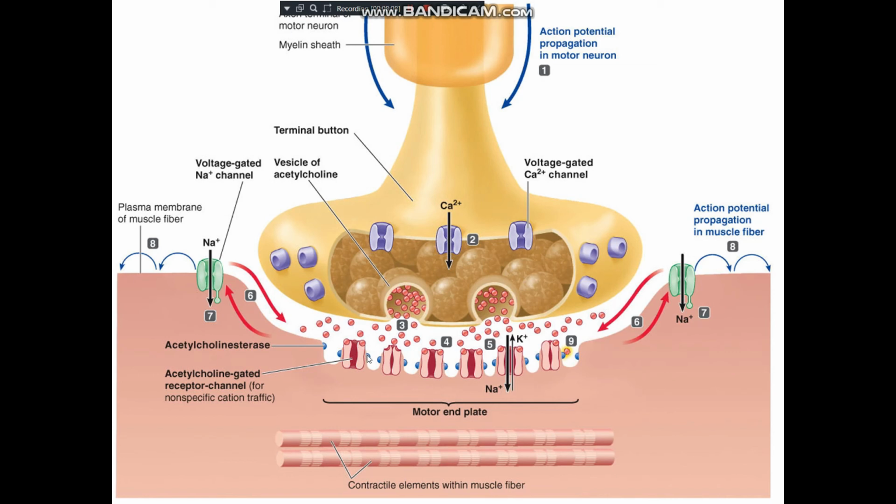These acetylcholine gated receptor channels can accept this neurotransmitter, the acetylcholine. And when the acetylcholine attaches, sodium and potassium gates open. More sodium diffuses inside, but a lesser amount of potassium goes out.